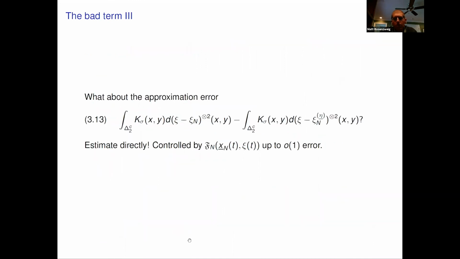So what's left is the error that I introduced in this smearing procedure, where I replaced the empirical measure by the smeared out empirical measure with this parameter eta bar. Well, you can estimate this directly, and again, you can show that this error is controlled by the modulated energy up to some small additive error.